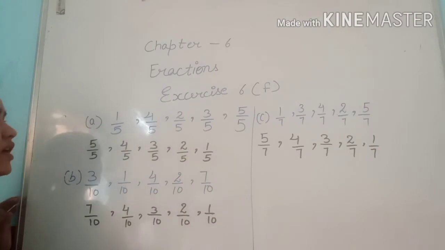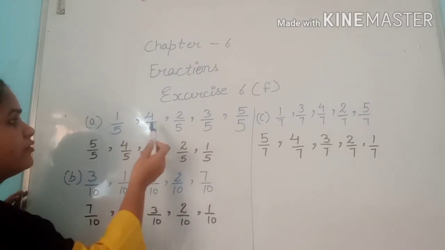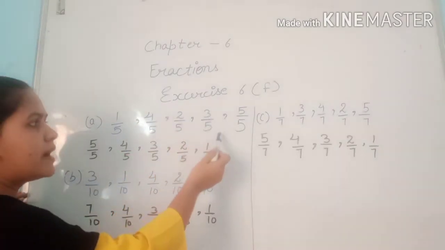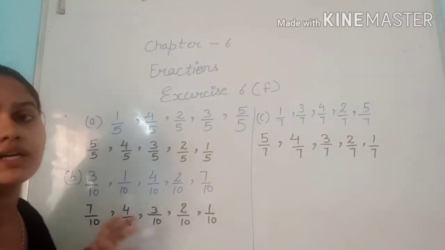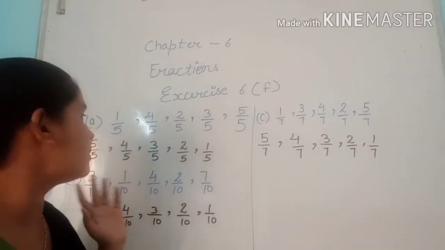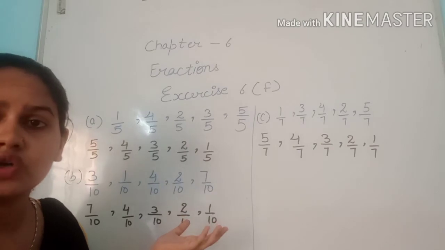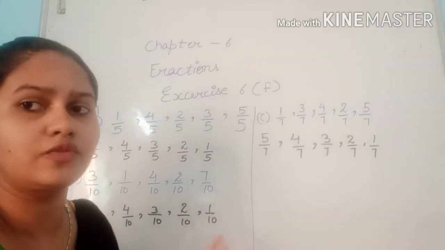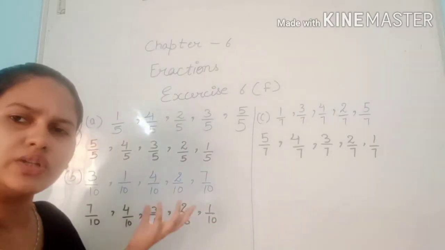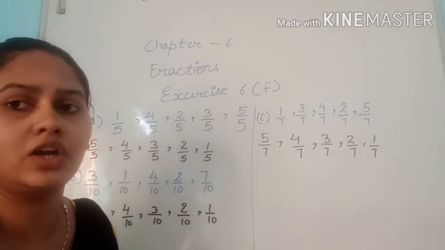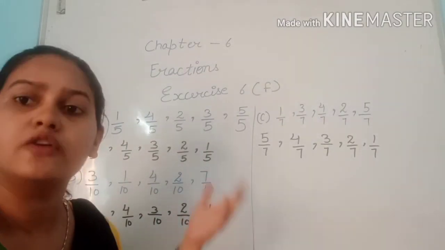You can see the first one, A: 1 by 5, 4 by 5, 2 by 5, 3 by 5 and 5 by 5. One thing is common here: the denominators of all these numbers are the same. So we don't have any confusion here. We will do it simply in descending order. We have to arrange them starting from the greatest.